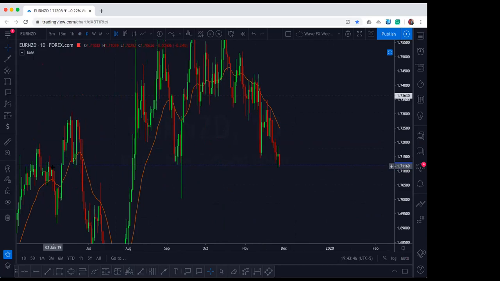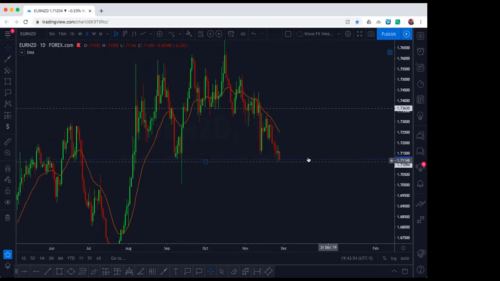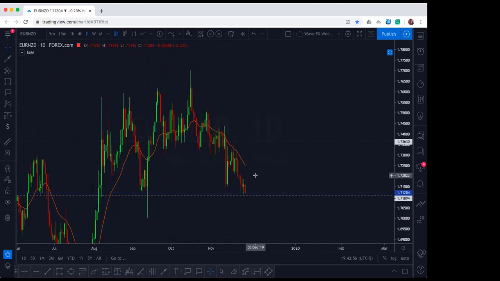Your overall area to be looking at is pretty much where price is now. That's the zone that you want to be looking at, right? Based on your overall strategy and your rules for entry, you can determine your entry point, but the overall market for this trade is to the upside, right?